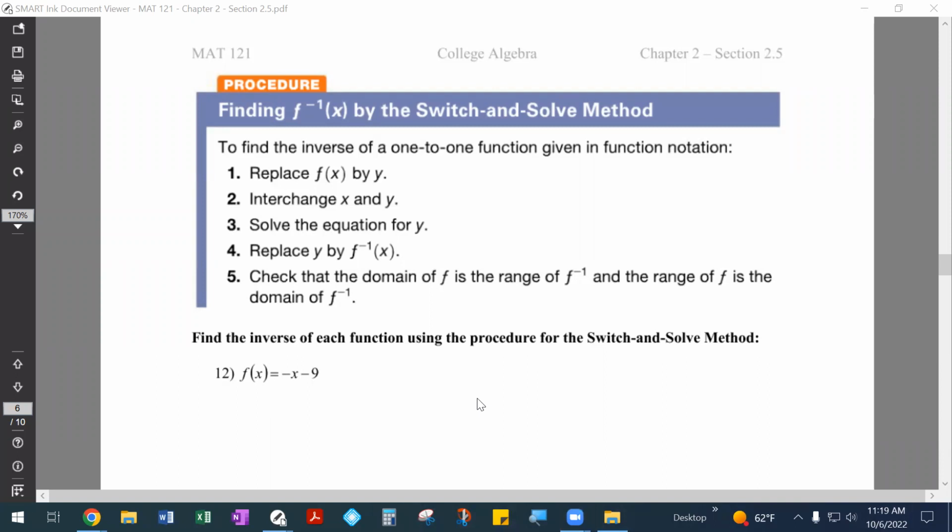Okay, so we have looked at something similar to this example last time. So let's pick a couple more examples to use the switch and solve method in finding the inverse functions.